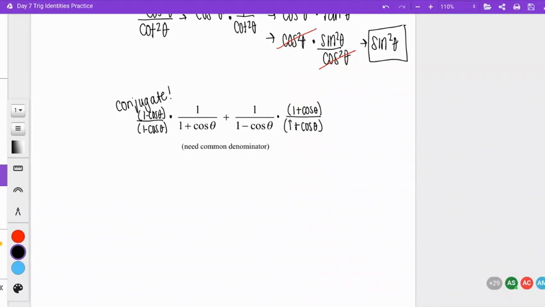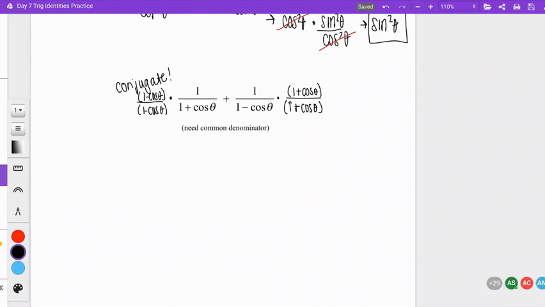Okay, and here we have it. First off, we want to multiply the numerators together. So 1 times 1 is 1, and then 1 times negative cosine is just minus cosine, all over, and for this, we're going to FOIL. So 1 times 1 is 1, minus cosine of theta, plus cosine of theta, minus cosine squared of theta.